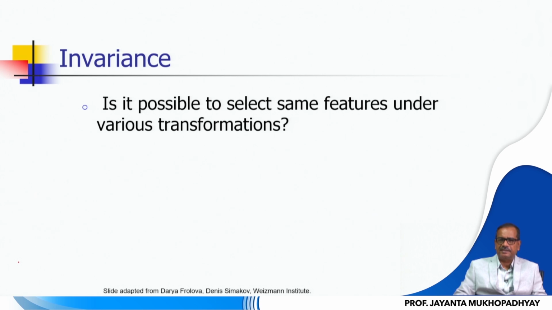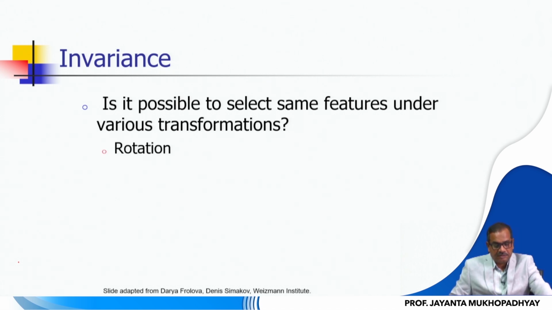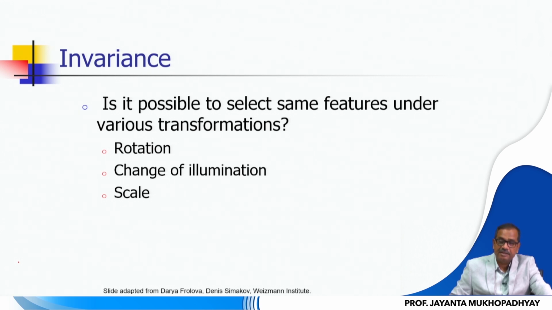It won't be exact equality, but since these are all numeric values, the feature vectors should be very close. In the feature space, I should say the distance should be very small. So these are the kinds of invariance we expect. There could be rotation, change of illumination, change of scale, etc.